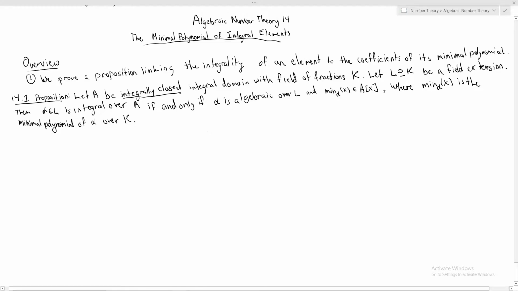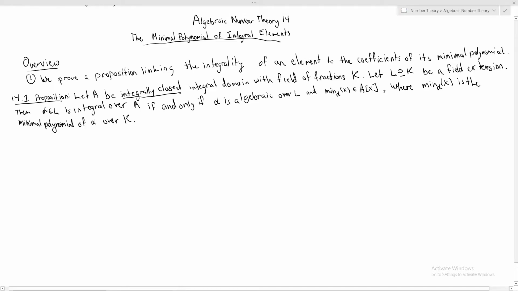Essentially, there are a couple different ways to look at this. One is it says, to check if an element is integral, I just have to compute its minimal polynomial. Another way to view this: being integral over A means that it satisfies a polynomial with coefficients in A. We know every alpha satisfies its minimal polynomial just based on the definition of the minimal polynomial.